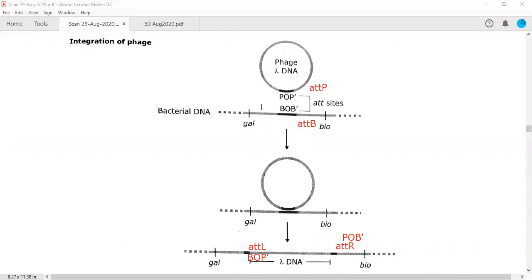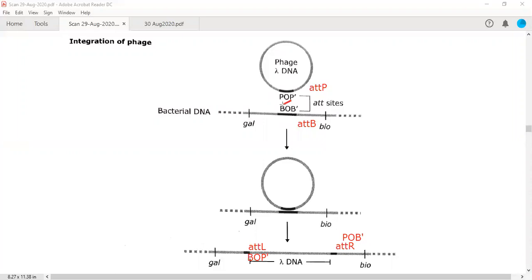So we have learned one more thing from here. These sites are called attachment site of phage and attachment site of bacteria. When they are integrated, the lambda DNA will have two ends: the left hand side is called attL and the right hand side is called attR, right?